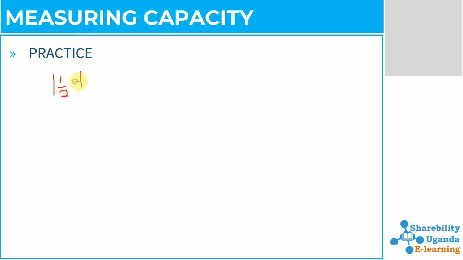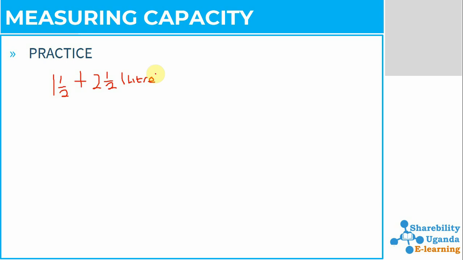Then we are going to add it plus 2.5, which is 2 out of 2, then 1 out of 2. Remember, these are in what we call liters. Please don't forget to put liters. When you forget to put liters, they will mark you wrong.